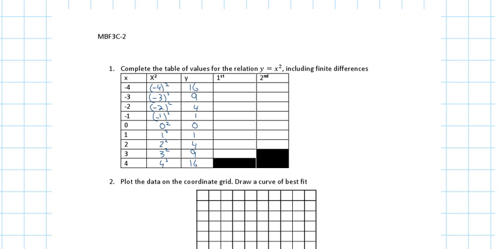First difference. So to do the first difference, what do I have to do? y2 minus y1. Right? So you're going to start at the bottom, and then you're going to subtract the top. So it's going to be 9 take away 16. Positive 7? Then the next one, it will be what? 4 take away 9, which is -5.